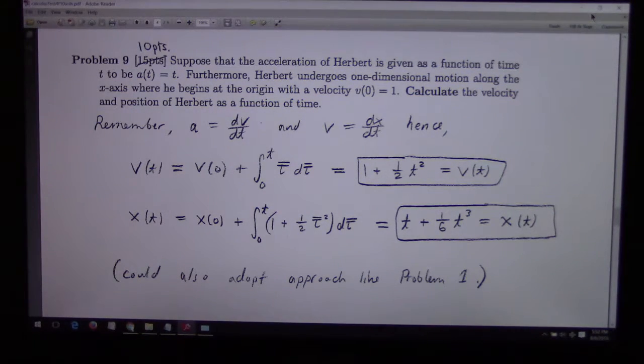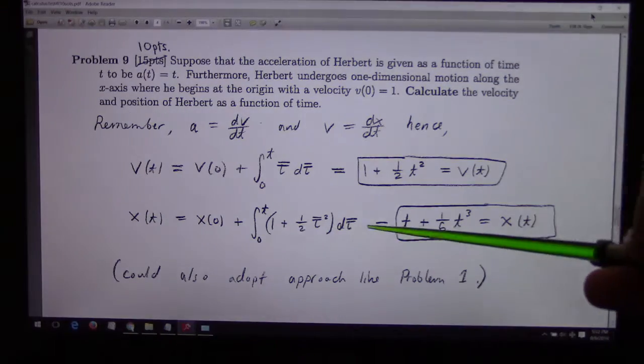On the other hand, you get the integral from 0 to t of t dt, but we shouldn't use t for both the variable of integration and the fixed upper time. We're finding v as a function of t. Anyway, however you do it, 1 plus 1/2 t squared, and then integrate again.